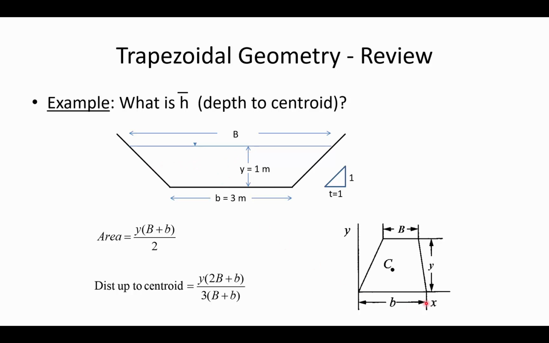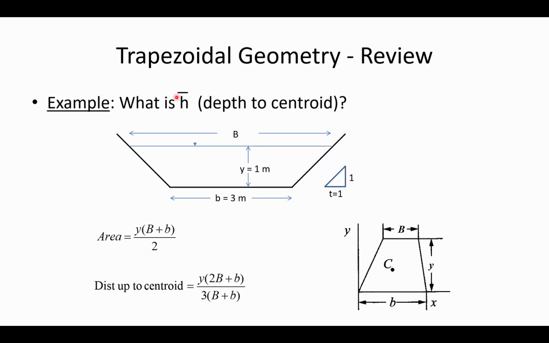And so here is the equation that allows us to calculate the depth to the centroid. The area of a trapezoid is going to be its depth multiplied by the average of the width. So B, top width, plus lowercase b, divided by 2, means the average width. That's how you find the area. But here's a formula that describes the distance up from the bottom to the centroid.